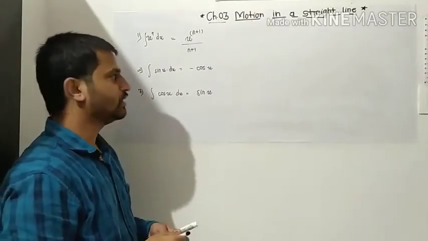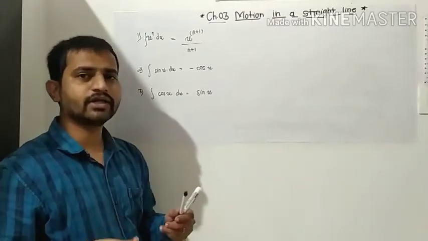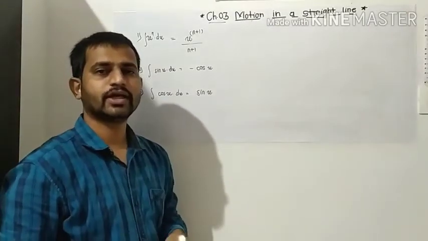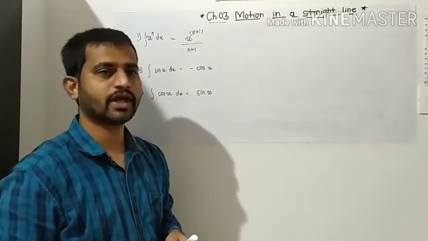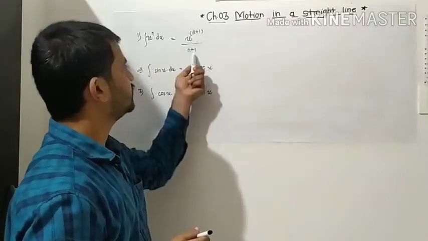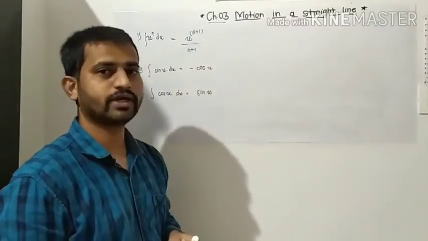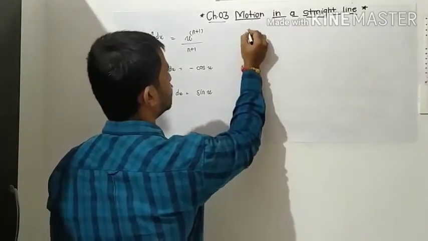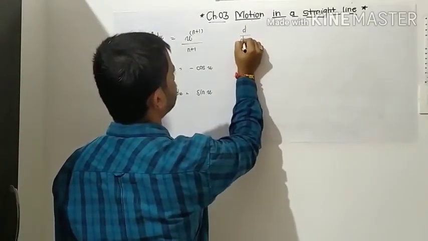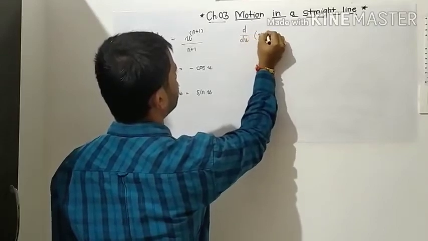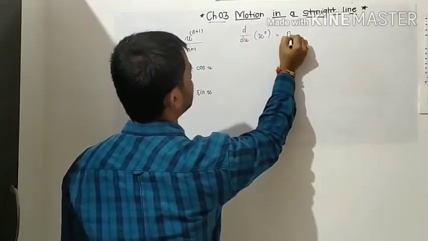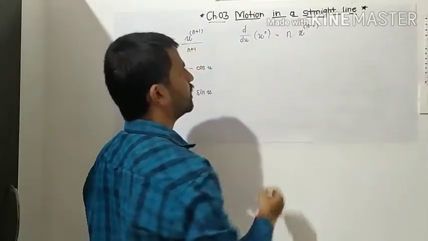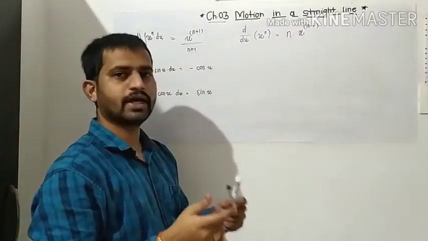Similarly, suppose we have to calculate the integration of any other term. We have seen d/dx of x raised to n is equal to n x raised to n minus 1.